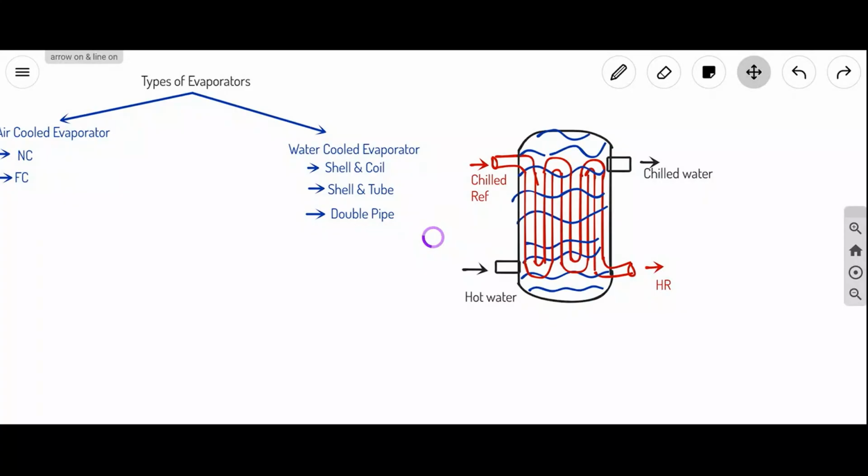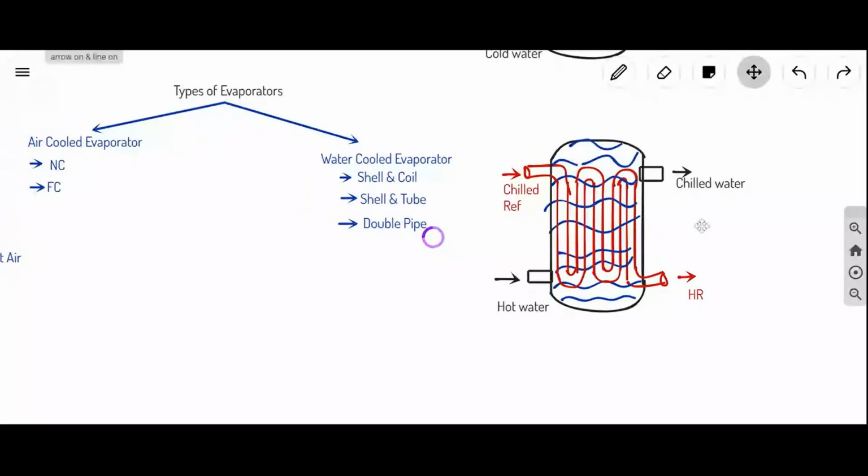No, this is the output we have. Here, if I am talking about the purpose of pulling this hot water into the evaporator, the purpose is to heat the refrigerant so it will convert into vapor. But here the main purpose is you want chilled water output.